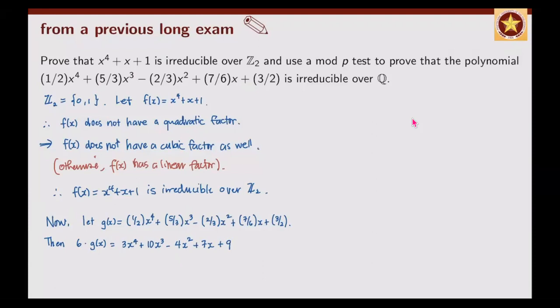The idea is that the 6 is a unit, a unit of Q. So if I put it on the right, I have times 1/6. Say g of x is 1/6 times this integer polynomial.